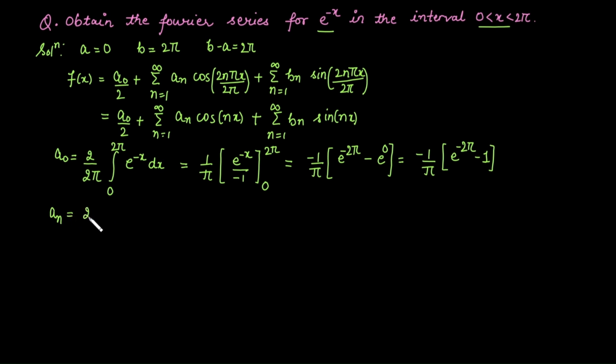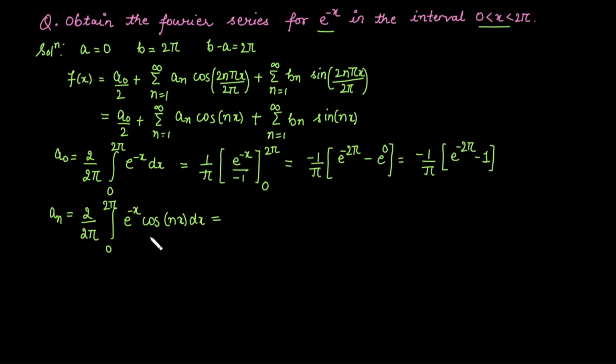An is equal to 2 upon length of the interval, that is 2 pi, integration from 0 to 2 pi of e raised to power minus x into cos of nx. Same function over here. So in this case, we cannot apply the IDEC rule because neither e raised to power x gets 0 after some derivative nor cos nx is getting 0 after differentiating. Thus, we need to use some other approach.